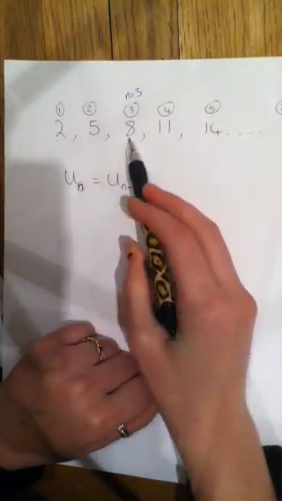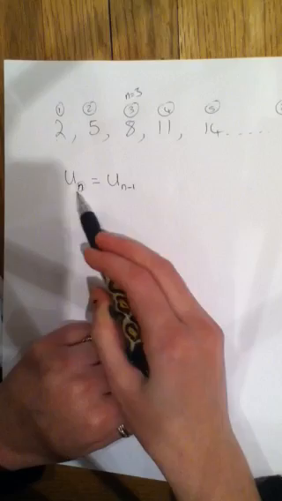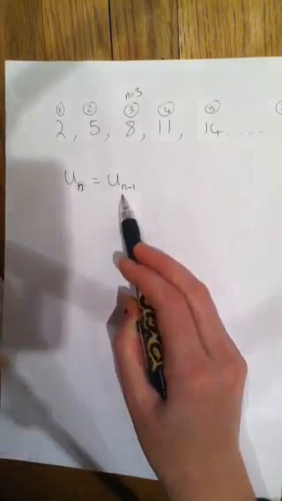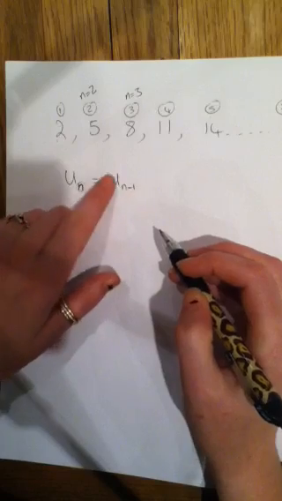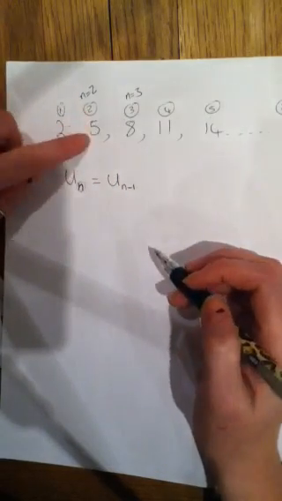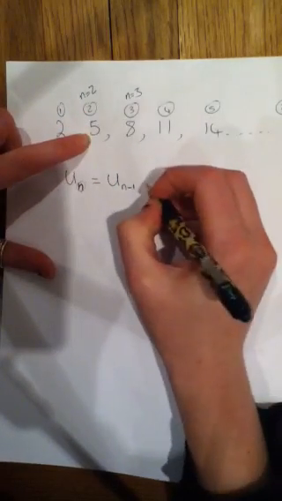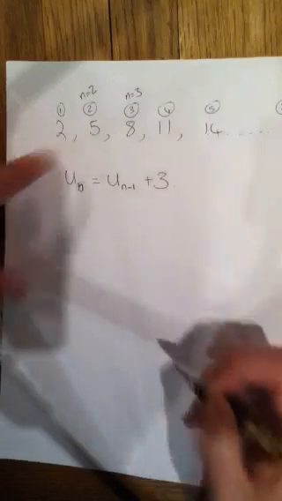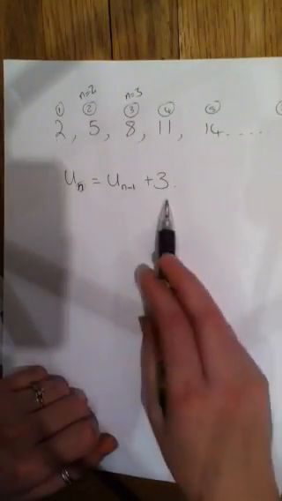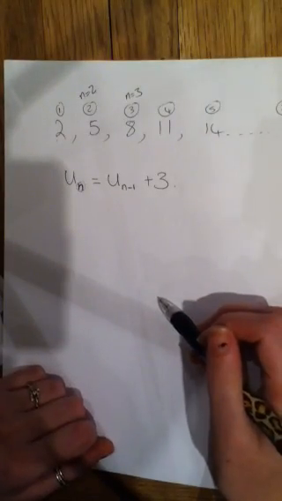U3 is obviously 8, and so if N is 3, N minus 1 is 2, so N is 2. When N is 2, U2, the second term in the sequence, is 5. And then once I know what that is, I just add on 3. So this notation is the way that we actually explain how to get from one term to another.